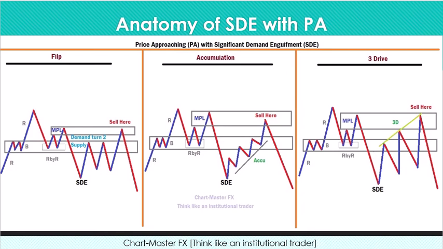So this is the anatomy of the SDE with PA. So guys, as you can see, on the left side, we have the flippy PA. In this flippy PA, guys, the first thing that you need to do is to identify the SDE. Once you identify the SDE, then you look for an MPL.